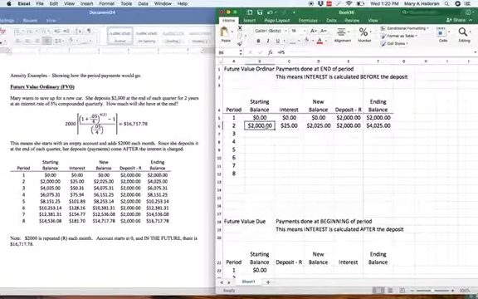And then once again, that money gets carried over to the next period. And I'm going to earn some interest on that $4,000. So this $4,000 is earning 50 bucks in interest.